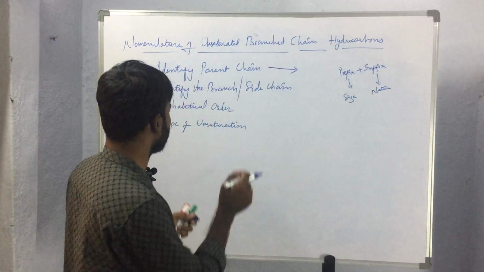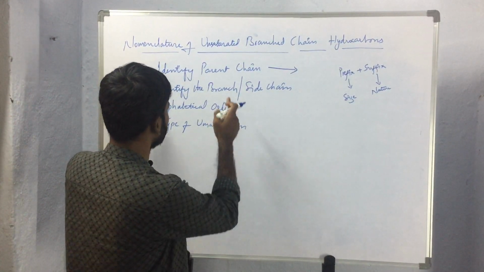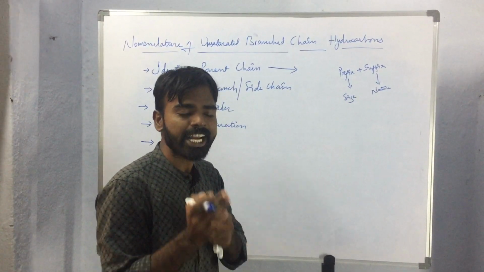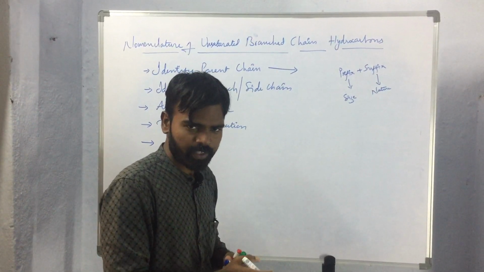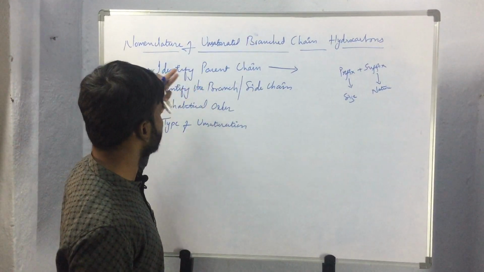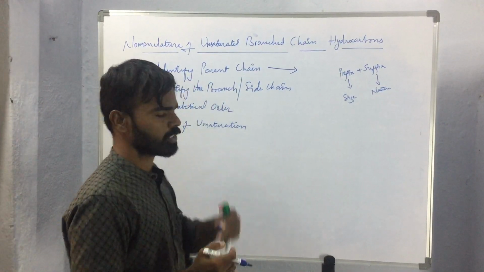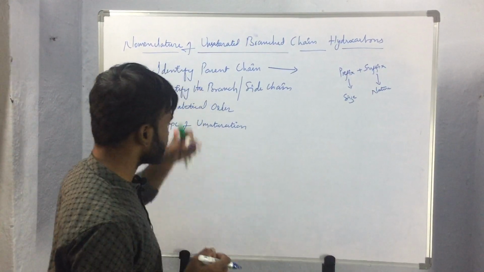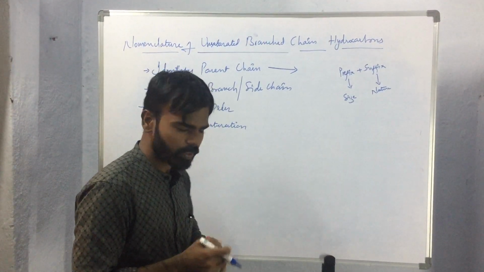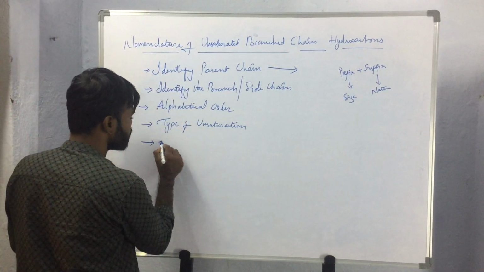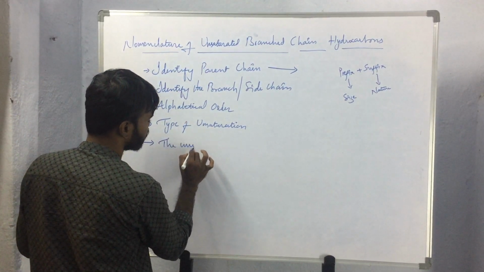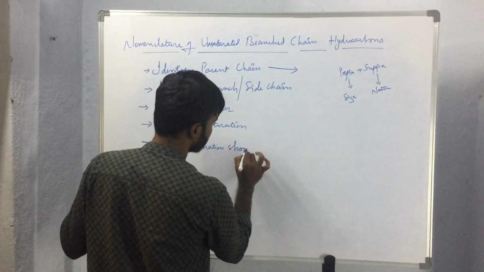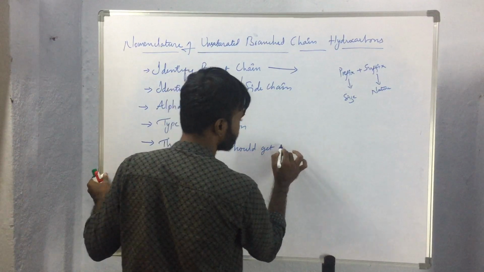We know very well that the side chain or unsaturation has to be designated with numbers. So to designate the unsaturation or the branch, we have to number the compound. While numbering the compound, we should keep in mind that the unsaturation should get the least possible number.